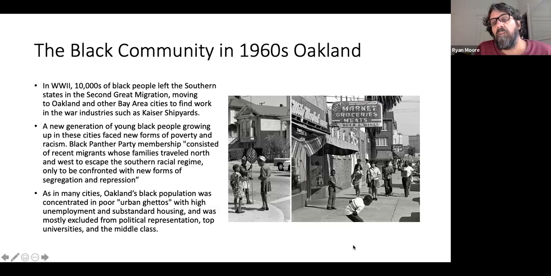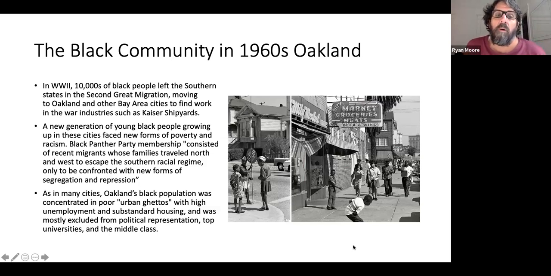And the main lure for that is jobs in the defense industries and jobs that are basically created by the mobilization for war. So the second migration coincides with the Second World War. And here we see more of a migration to the Western cities like Oakland and Los Angeles. And again, the lure is jobs that are being created by the mobilization for war.